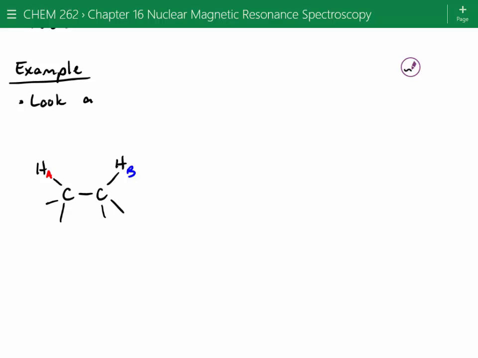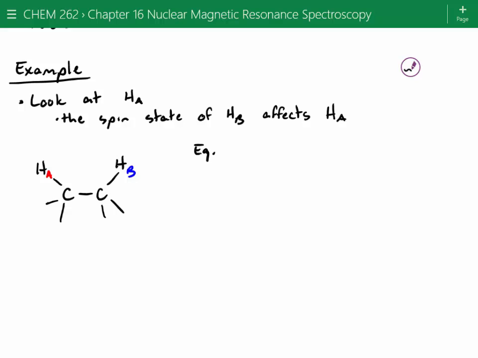So let's assume we're looking at HA, and we're examining the signal that's resulting from HA. It's got a neighboring proton nearby, right? HB. HB can be spin up or spin down, right? So the spin state of HB affects HA.